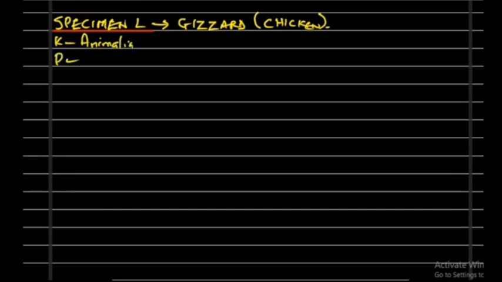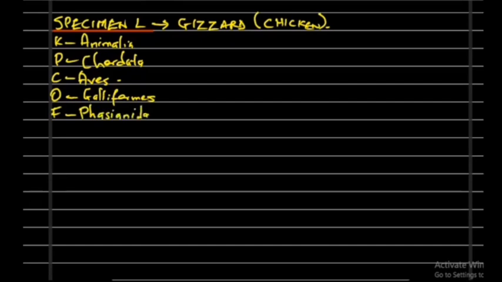Phylum, Chordata. Class, Aves. Order, Galliformes. Family, Phasianidae. Genus, Gallus, and the species is Domestica.